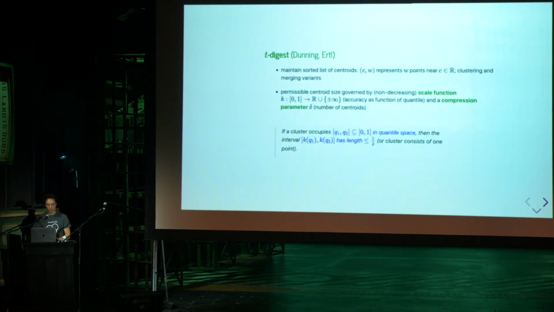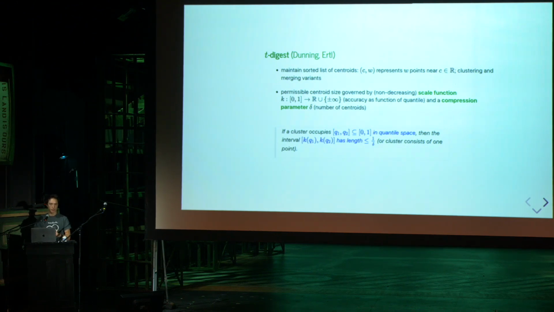Okay, and so one data structure that really tries to bring this concept of relative error and even generalizations to the forefront is the t-digest of Dunning and Ertl. The basic idea is that we maintain a sorted list of centroids, C and W, which represents W points near some number C. There's one variant where you're basically performing incremental clustering. So you have this collection of centroids, a new point arrives, you find the closest centroid.